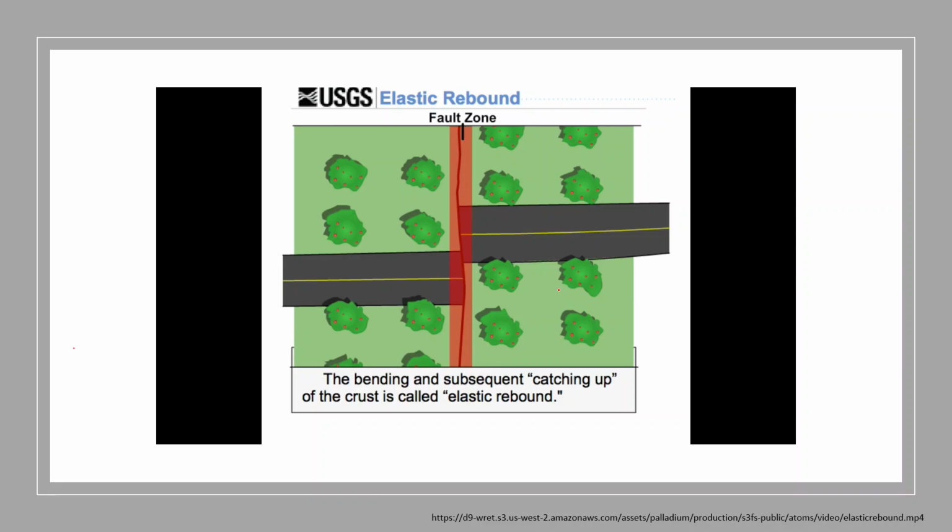This is elastic rebound theory. This is the fault zone along which the movement is happening. Somebody seeing this road for the first time might think it is intact because its shape has not changed, but its position has changed. That is elastic rebound theory.